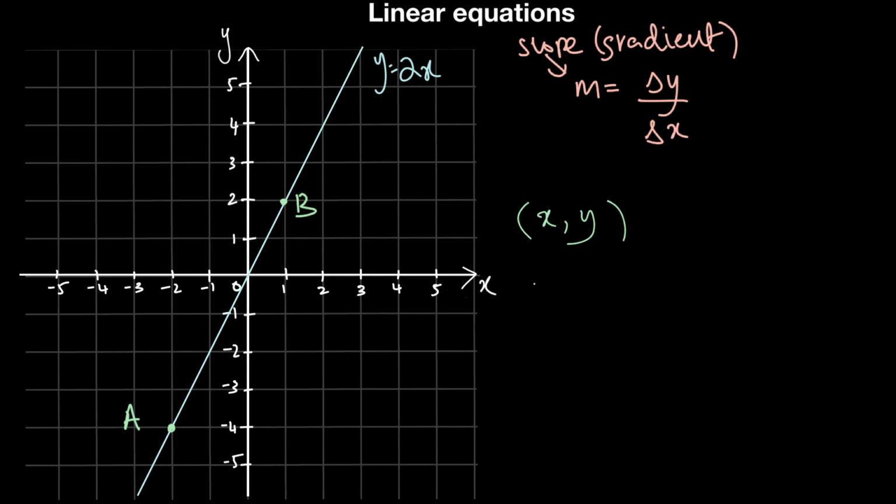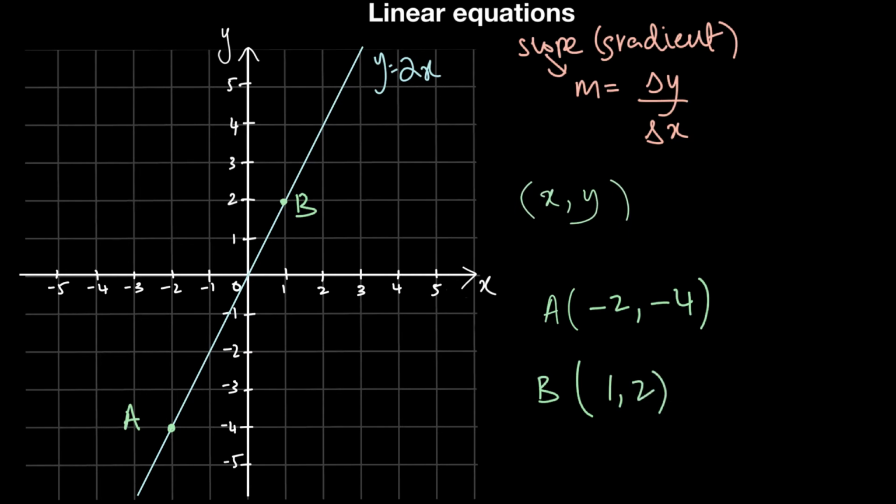So the point A has an x coordinate of -2 and a y coordinate of -4. So the coordinates of A are (-2, -4), whereas the coordinates of B are (1, 2).